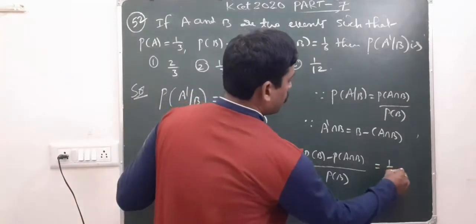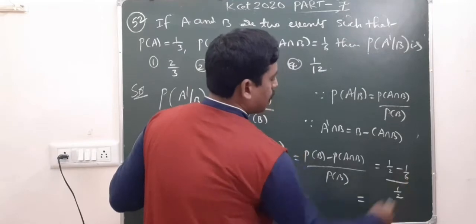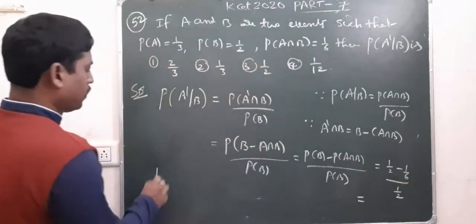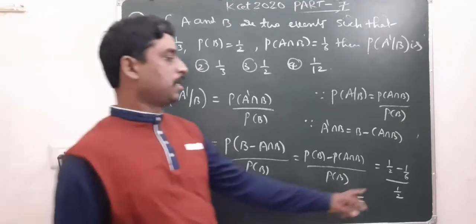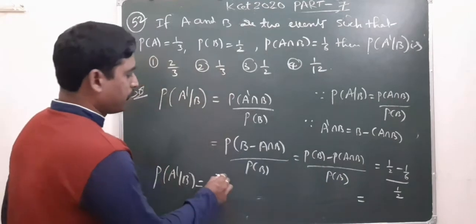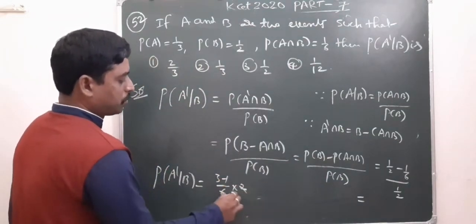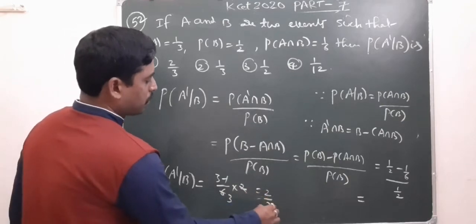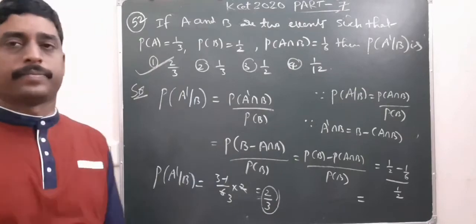So 1 by 2 minus 1 by 6 by 1 by 2. What is the LCM? LCM is 6. So 3 minus 1 by 6 into 2. 2 1 is 2, 3 is cancel. Answer is 2 by 3. So 2 by 3, first option correct.